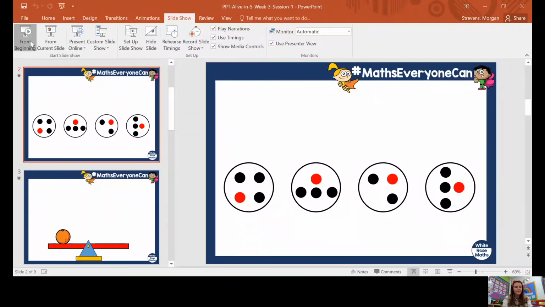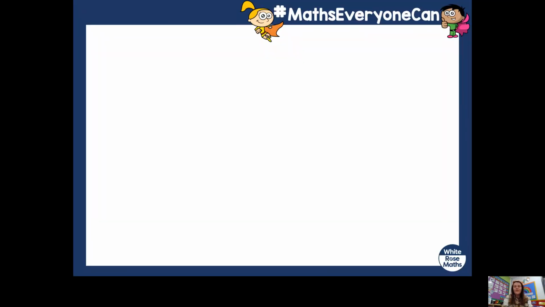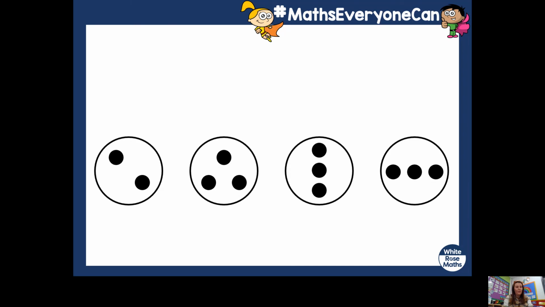Now I'm going to share my screen because we're going to start off our learning today playing a game called Which One Doesn't Belong? Here are some dot plates. Have a look at which number is shown on the plates.